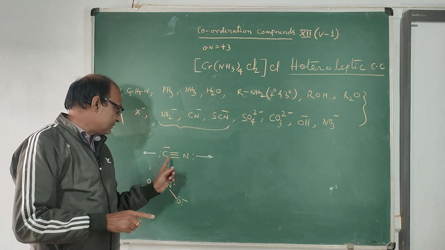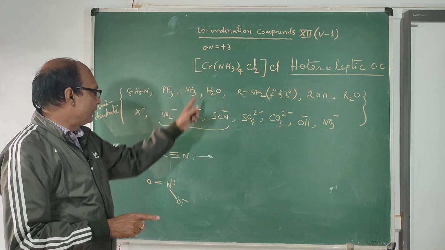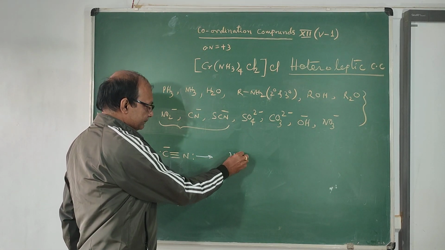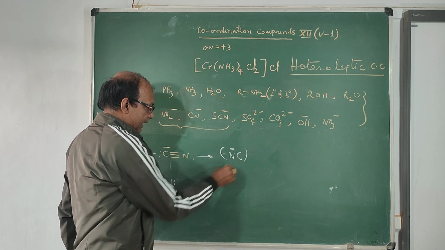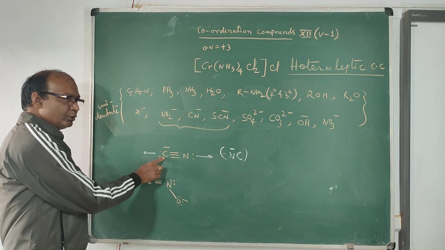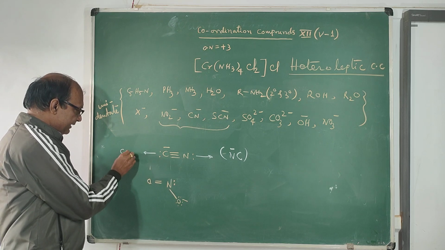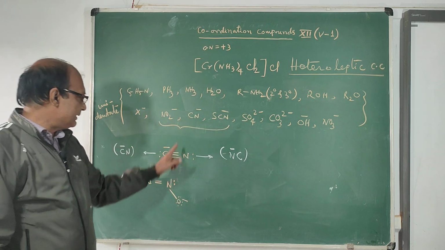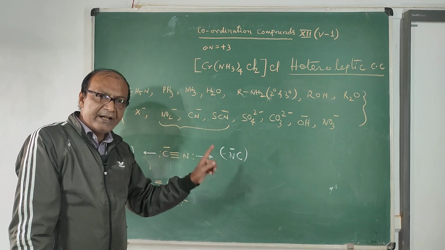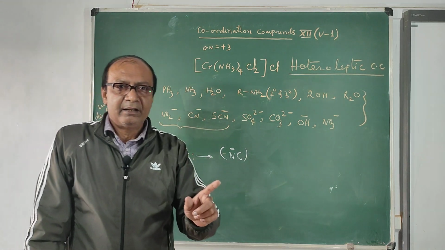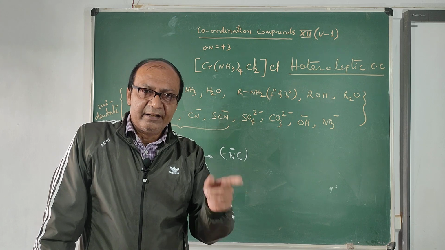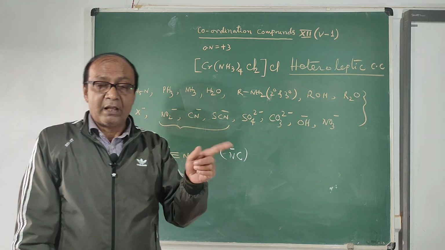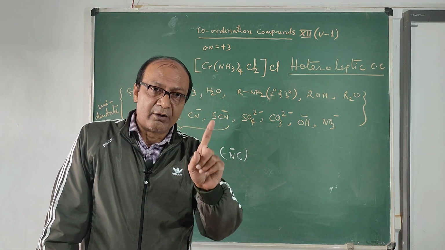When CN minus is bonded to the central metal through nitrogen, it is written as NC. And when it is bonded to the central metal through carbon, it is written as CN. This is the difference. So CN minus is a unidentate ligand, but it can link to the central metal through the nitrogen side as well as through the carbon side. But whenever it links, it will always link through one side or the other.